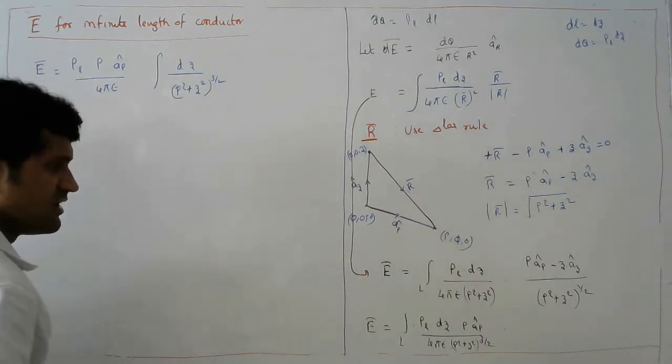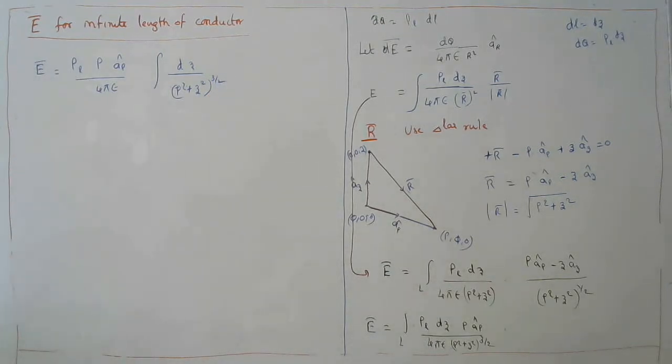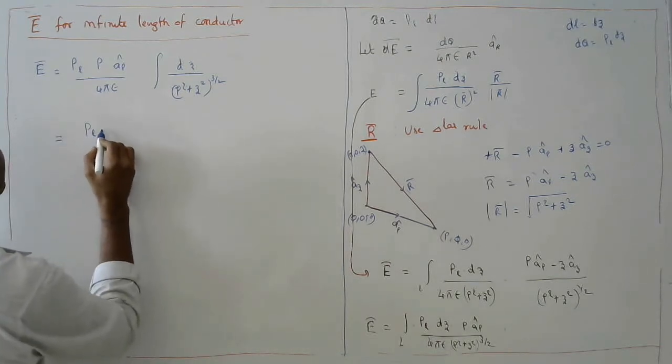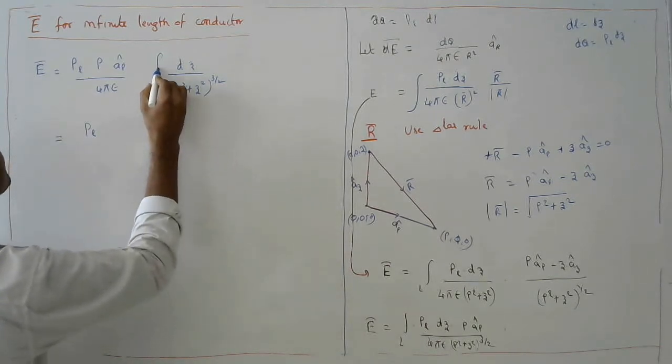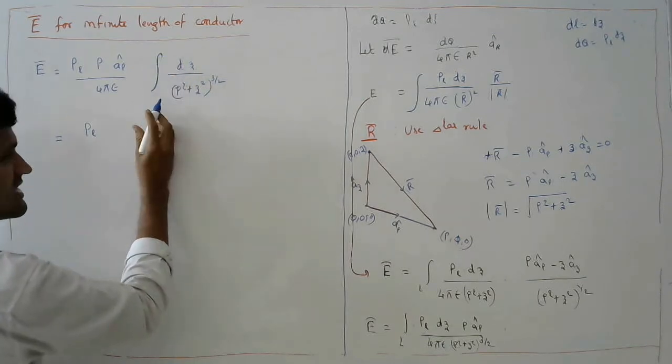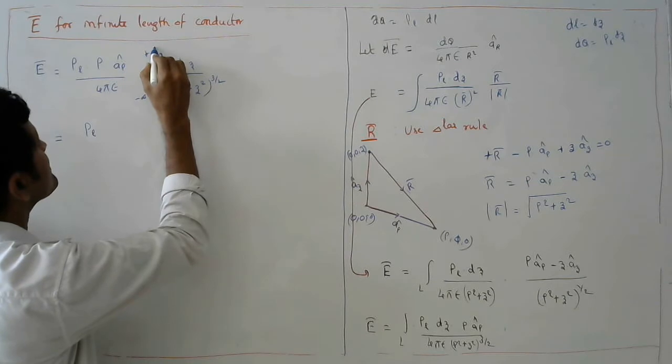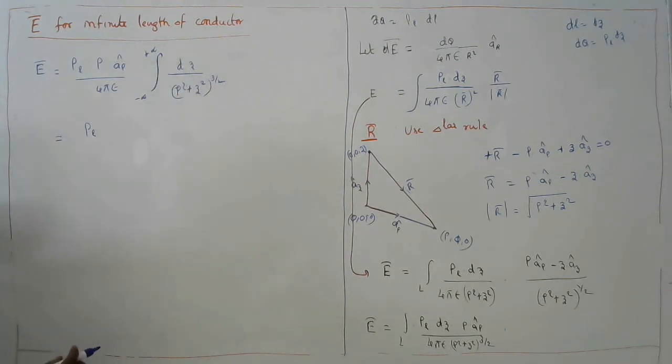We are integrating with respect to the z term. Now we have to consider the range. The z axis range is from minus infinity to plus infinity.